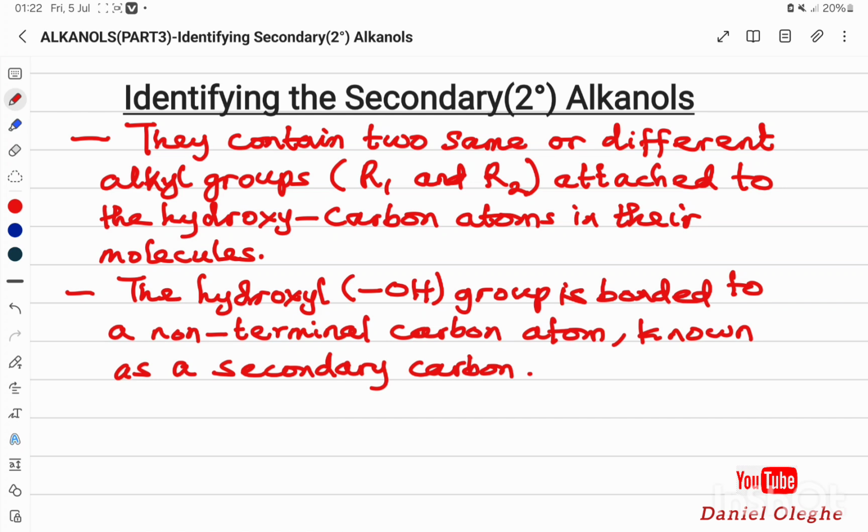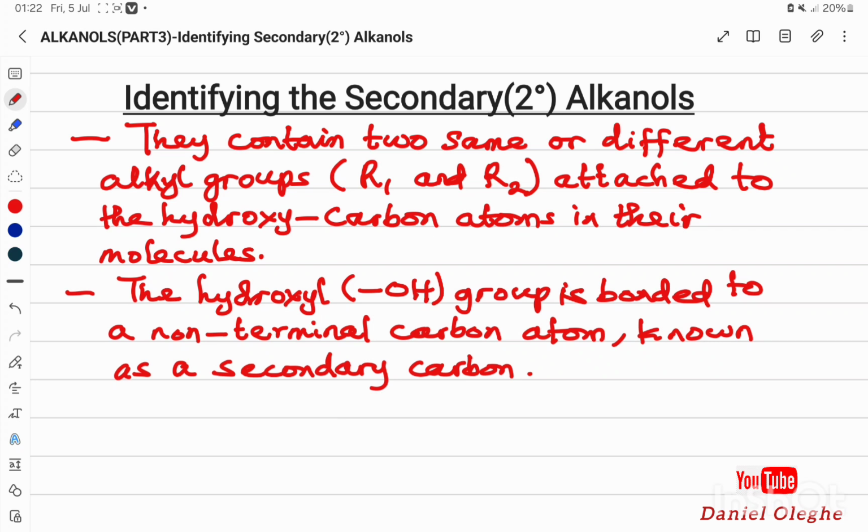When you talk of a non-terminal carbon atom in a carbon chain, it is a carbon atom between the terminal carbon atoms in a carbon chain. The terminal carbon atoms, like I explained in the previous video, are the carbon atoms at the ends of the carbon chain, which include the first and the last carbon atoms in a chain of carbon atoms in a molecule.